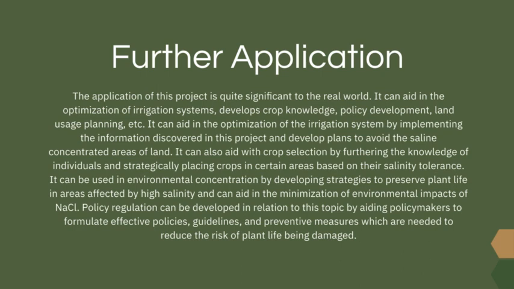This project addresses environmental concerns by developing strategies to preserve plant life in high salinity areas and minimizing the environmental impacts of sodium chloride. It can also contribute to policy development by assisting policymakers in formulating effective guidelines and preventive measures to reduce the risks of damage to plant life.